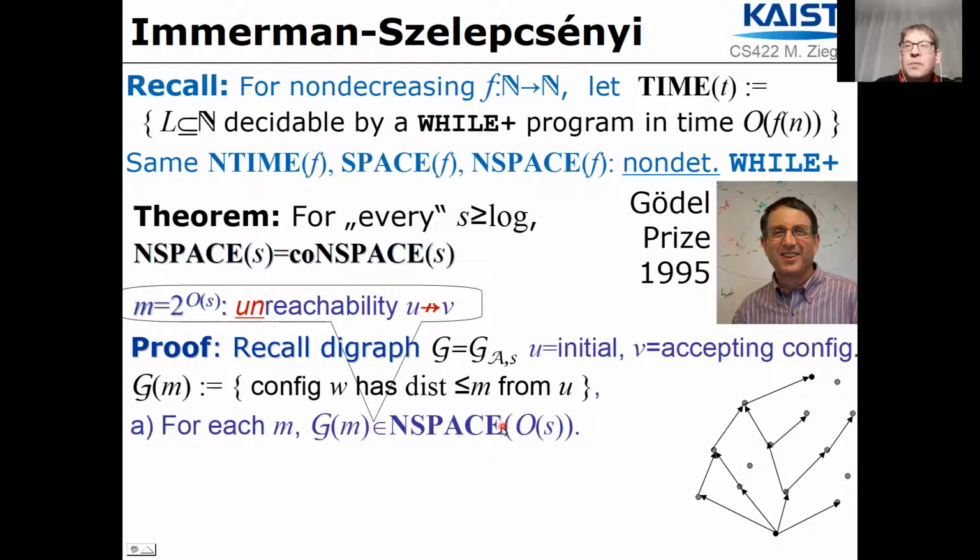This allows us to store only a constant number of nodes and still be able to find a path if it exists. And then verify that within the given number m of steps, one has indeed reached the target vertex.